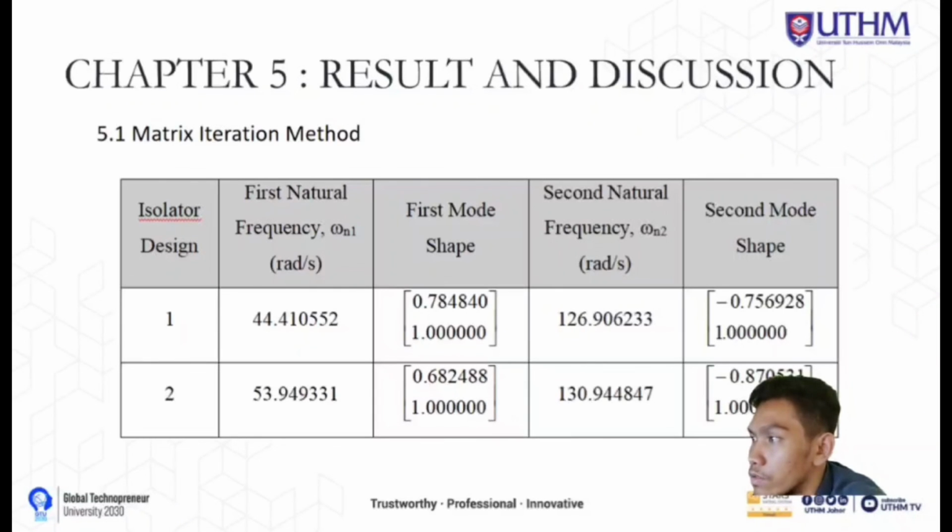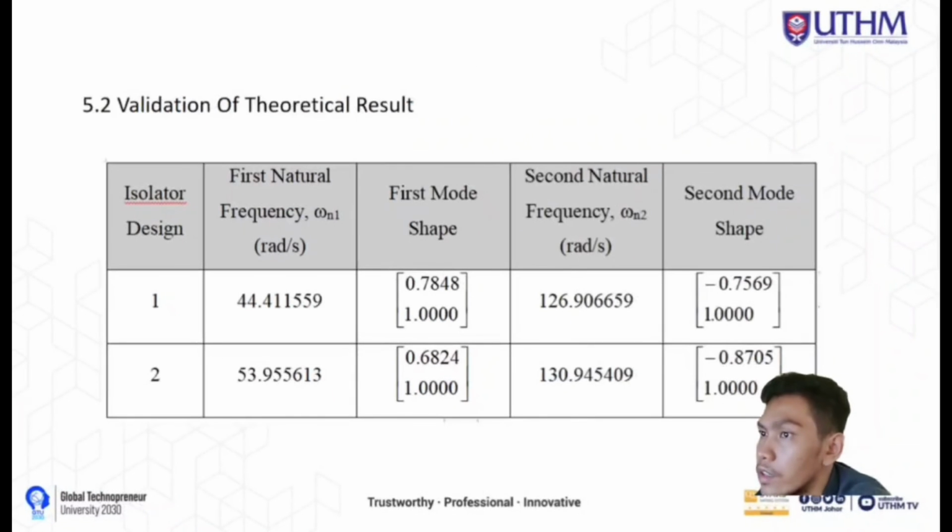And the stiffness coefficient for K1 and K2 is the same because it used the same material, which is 550 Newton per millimeter.